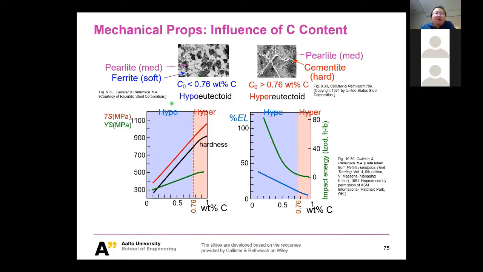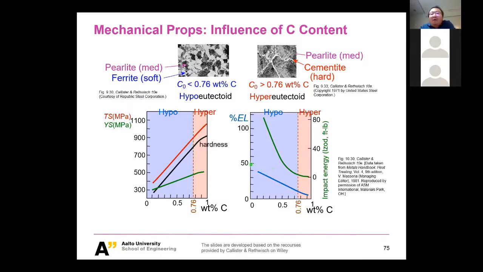That's why when you increase your carbon content in terms of the whole steel, you're increasing your strength, yield strength and tensile stress. So it basically goes up from hypo to hyper. The same applies to hardness. If you remember our correlation between hardness and tensile stress, they're almost in a proportional relationship.